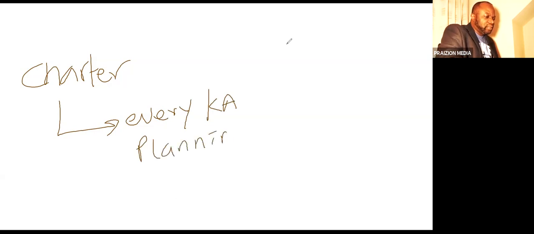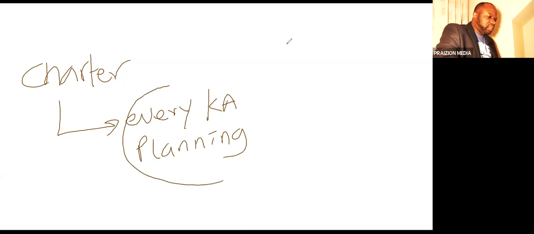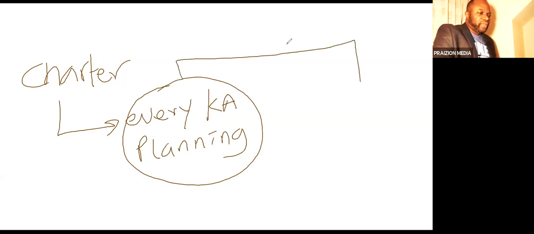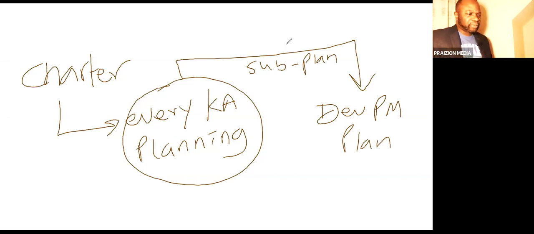In other words, if you look at everything from scope on down, you see your project charter going into those processes, whether it is plan scope management, plan schedule management, plan cost management. And then all of those subsidiary plans become an input to the develop project management plan process.